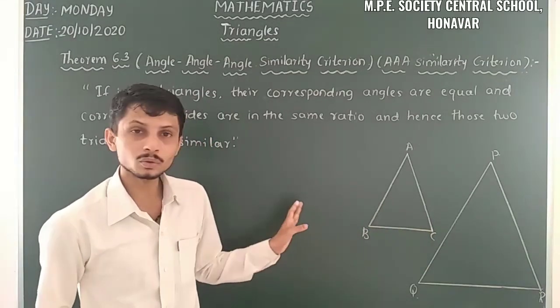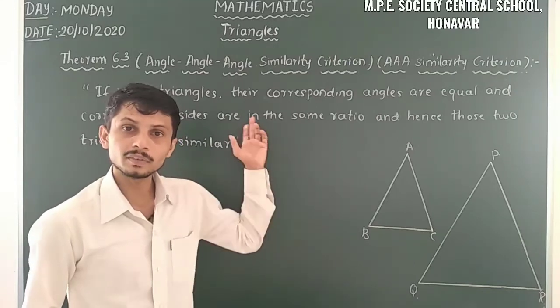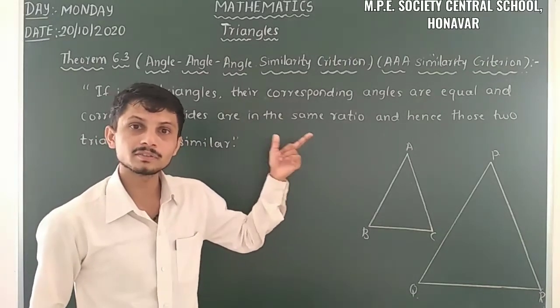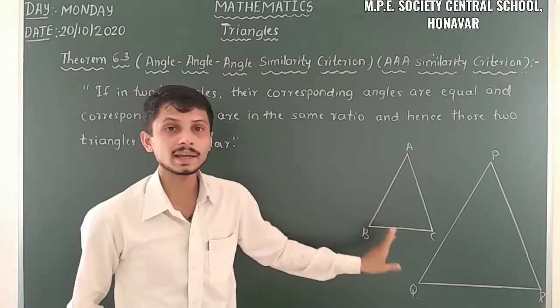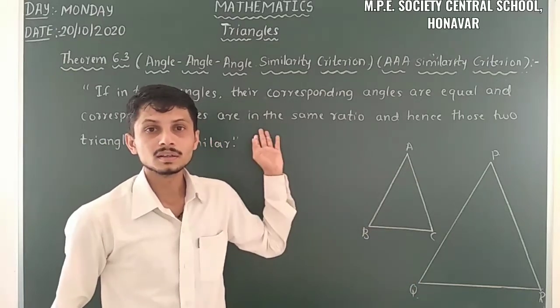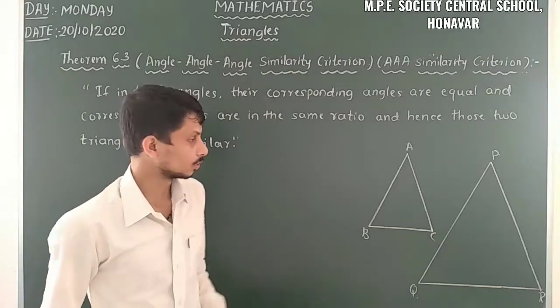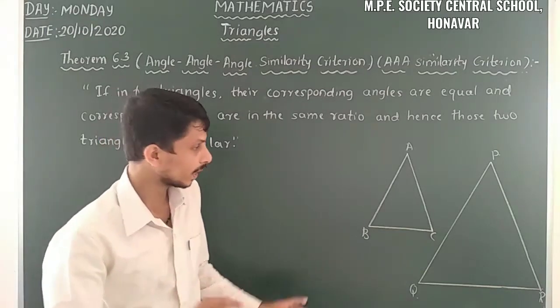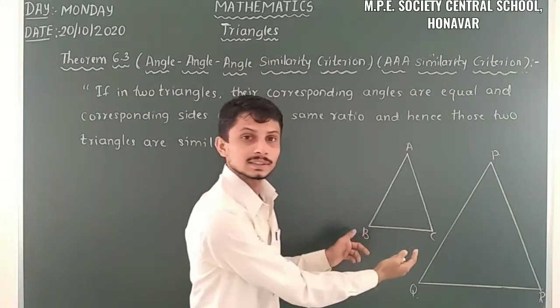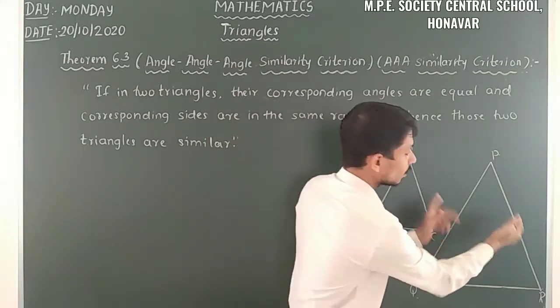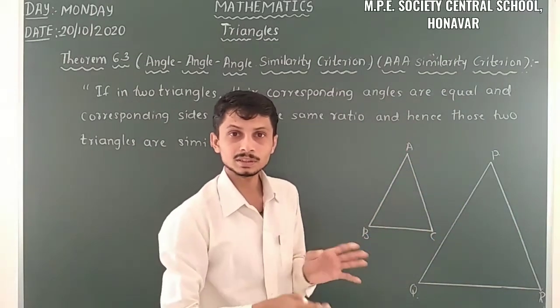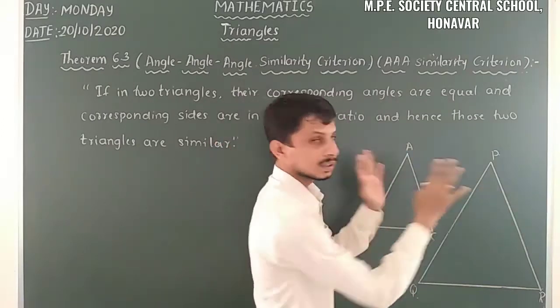So firstly, when we consider the AAA similarity criterion, we have to prove that the corresponding angles are the same and corresponding sides are in the same ratio. For that, we have to shift this triangle onto the second triangle. That means we place this triangle on the second triangle.